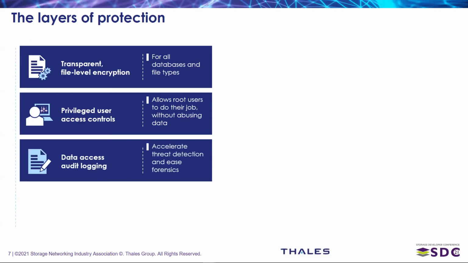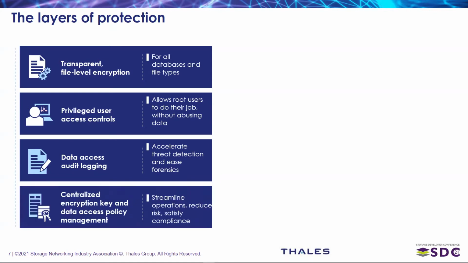Third, you need to have some form of audit logging. This is to provide detailed records to give you insight into who and what and when your data is being accessed. And finally, you need a centralized management system. This is essential to manage your encryption keys and your access control policies.